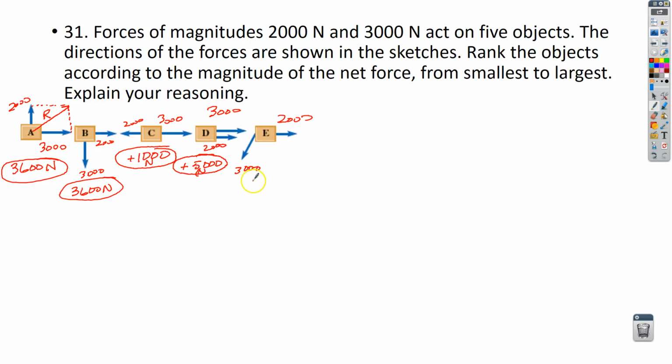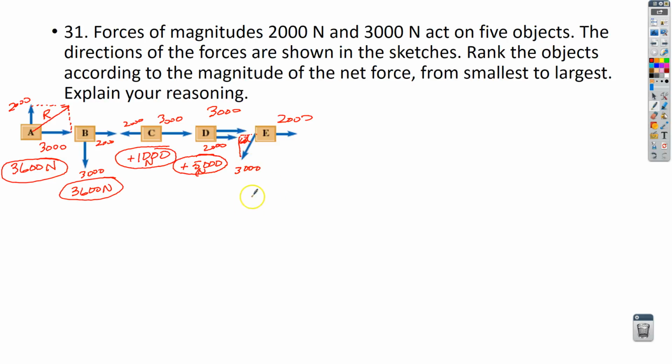For our very last one, we've got an angle here, and we've got to kind of guess what that angle is. So we'll draw a dotted line here, and we'll say that that angle is probably about 60 degrees. So we need to find the x and y components of these two.